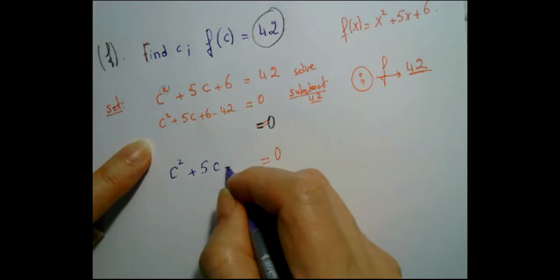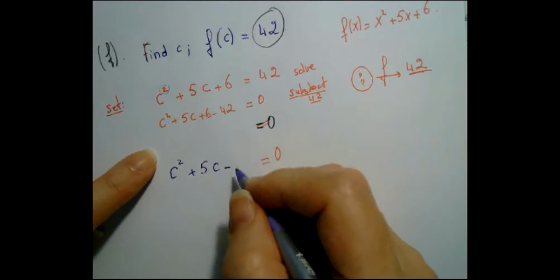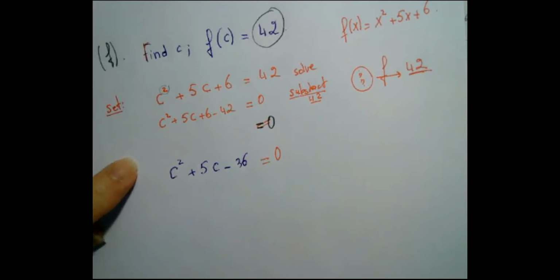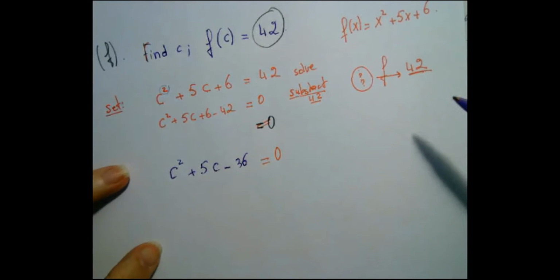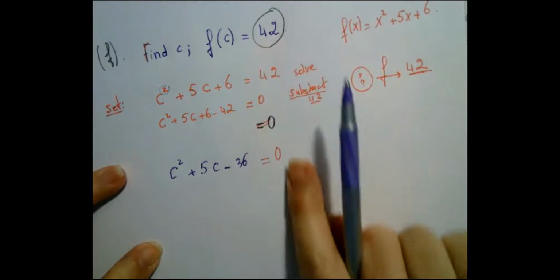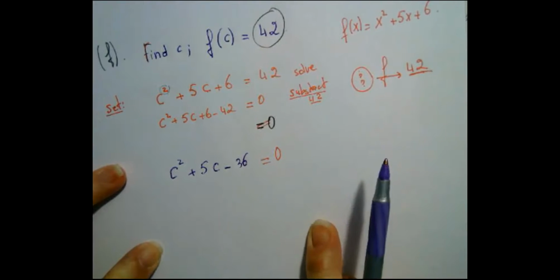Now 6 minus 42 is 36, right? Equal to 0. Whenever you have a C squared and a C as part of the equation, you have to rewrite it to make one side only 0.